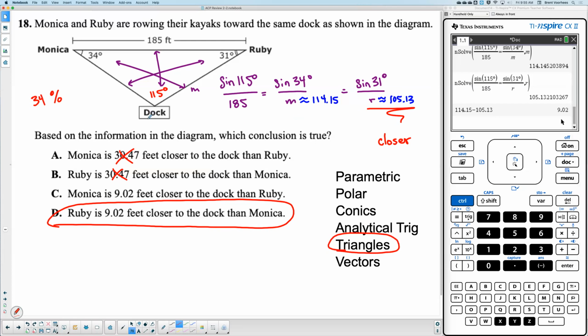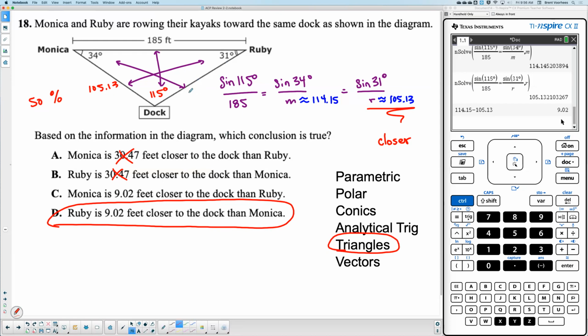Okay, towards the dock. Based on the information, which conclusion is true? Ruby is closer to the dock than Monica. This is a shorter distance. This is 105 point. Oh, wait a minute. I see why this is tricky. This is what I get for not writing it in.